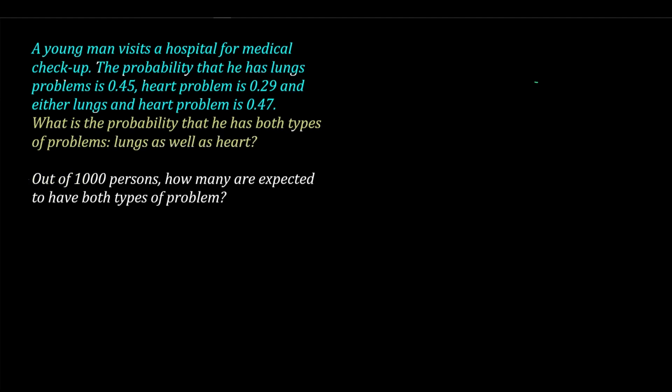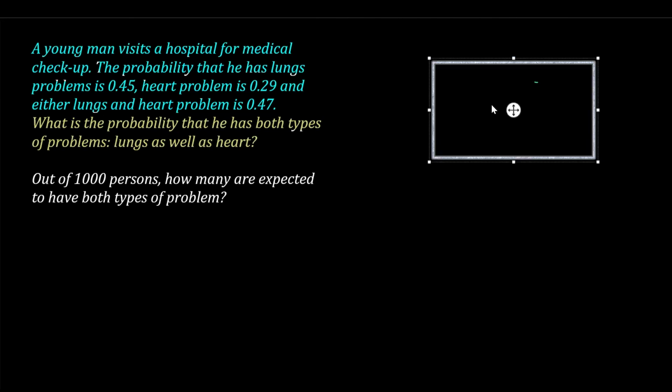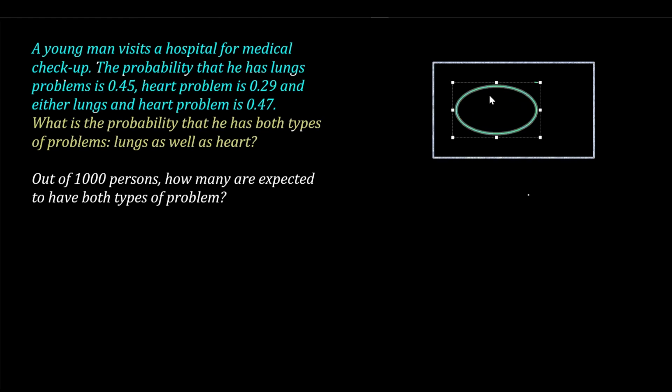Let's do the first part and then we'll do the second part. So let's say this is a Venn diagram I should make. Now we have 2 problems here, one for heart and the other for the lungs. Now let's say I take the first one as the lung problem.